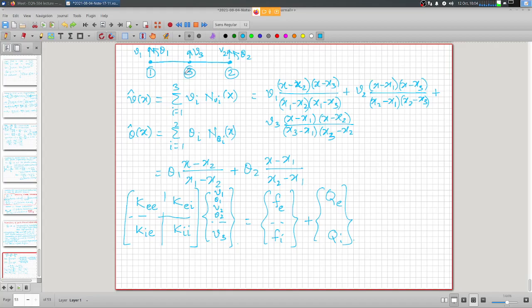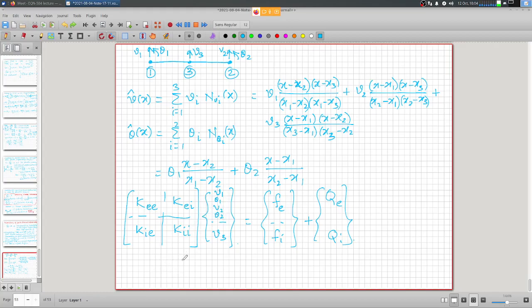So this can be handled at the element level. This is the element level equilibrium equation. So this can be eliminated by the process of static condensation, and V3 can be eliminated in terms of V1, theta 1, V2, theta 2.